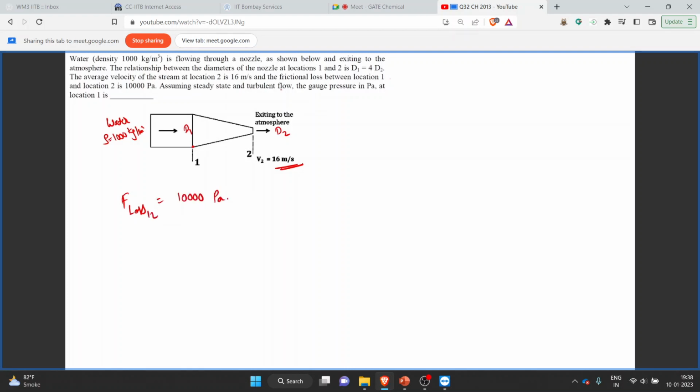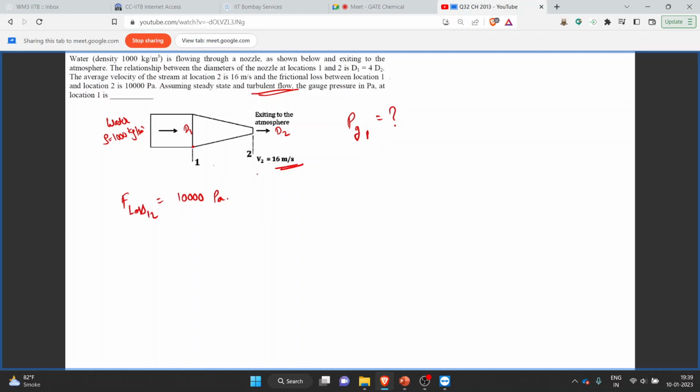So we have been given turbulent flow and have been asked to find the gauge pressure at location 1. So we can use Bernoulli's theorem to find the pressure at the first point, and then we can just change it to gauge pressure.